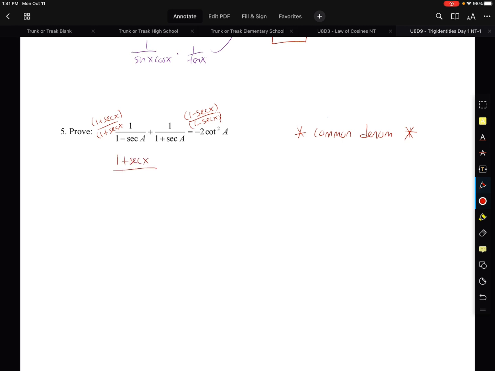So I'd have 1 plus secant x over, if I FOIL it all together, 1 minus secant squared x, plus 1 minus secant x, not squared, over 1 minus secant squared x. When I add them together, I have 2 over 1 minus secant squared x.